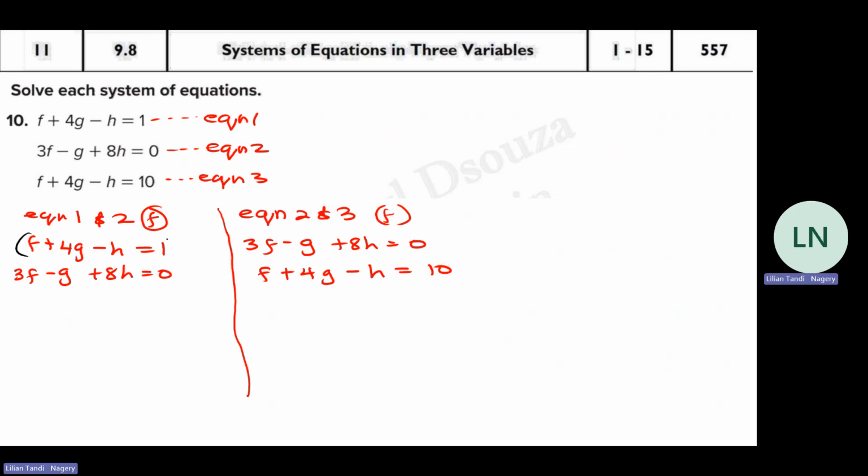Since I'm eliminating f, and why did I choose that? Because it has the smallest coefficients. So this will be 3 and this will be 1. So 3f plus 12g minus 3h equals 3.